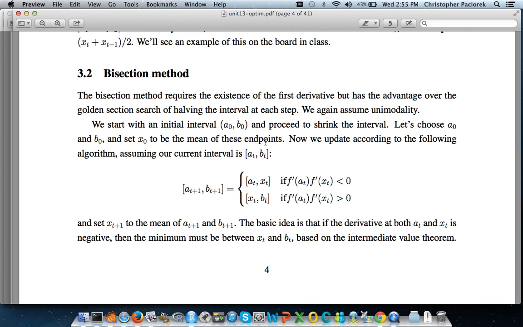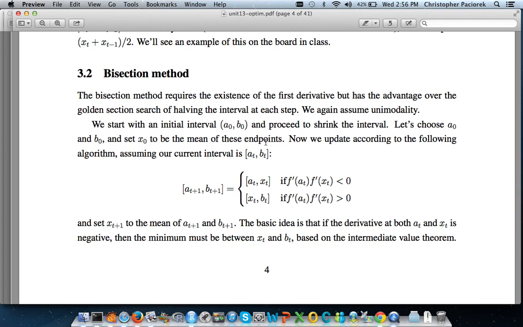The assumption I made for this golden section search was just that the function is unimodal and that the minimum I'm interested in lies in the interval from A to B. You'll notice I didn't use any information about derivatives of the function here. I just used the fact that I could evaluate the function and find out what the f is here, what the f is here, and so on.